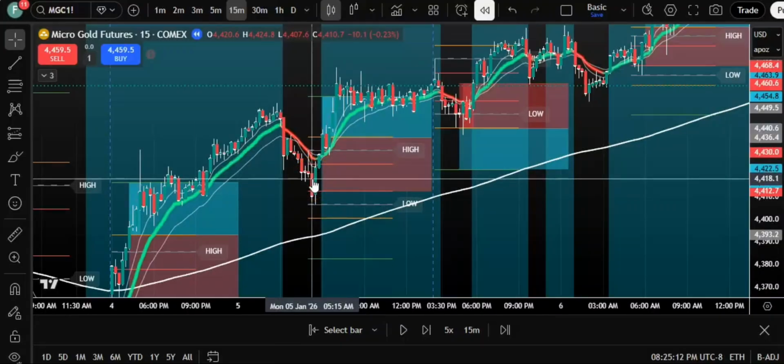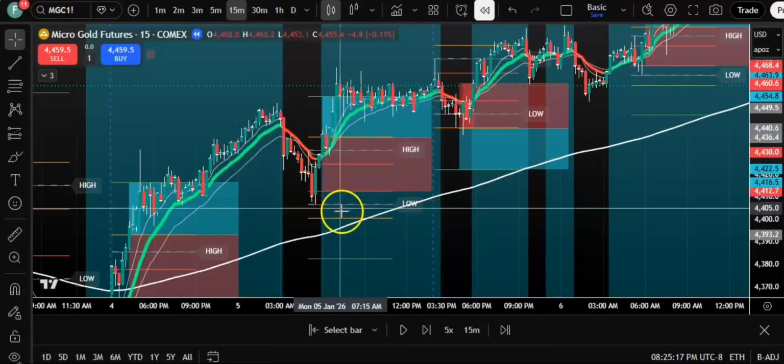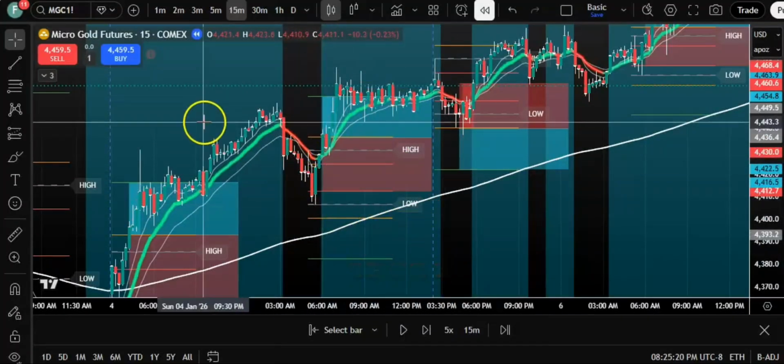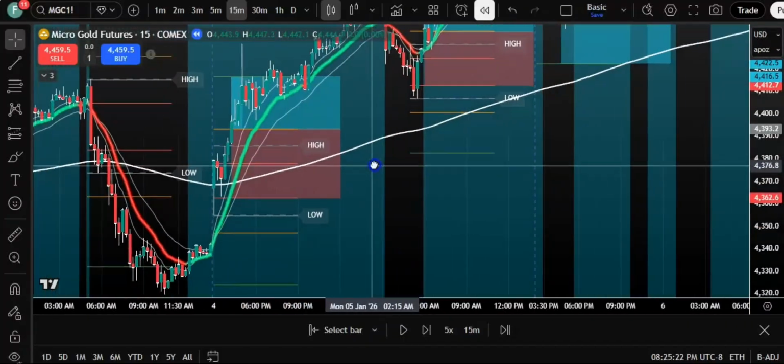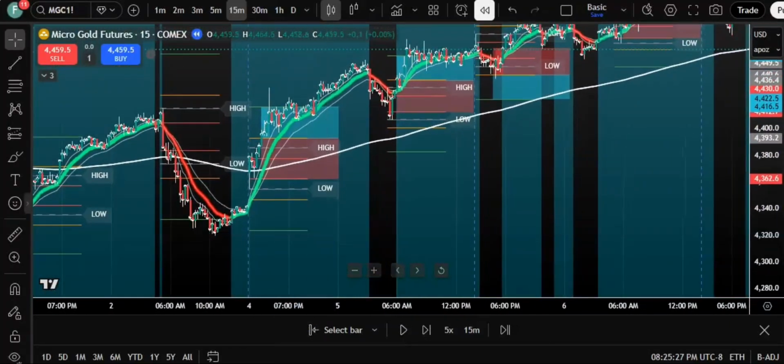So at the start of the New York session, for that 1 hour, it's trying to find the breakout of that 1 hour session to find the continuation of the rest of the New York session. That's the way it works.